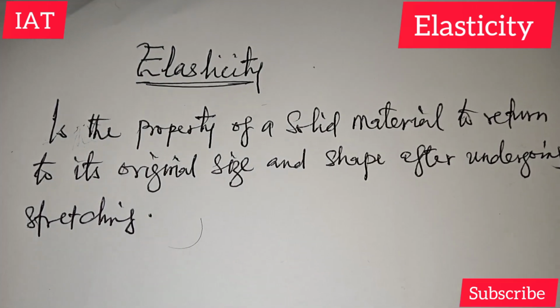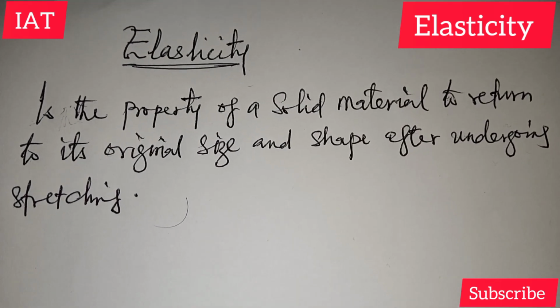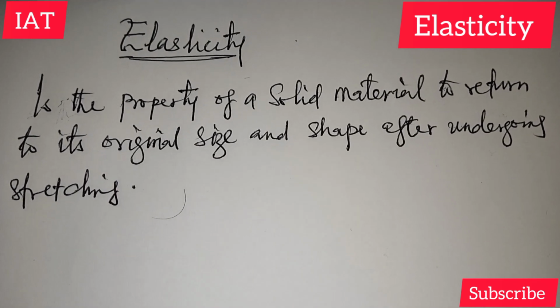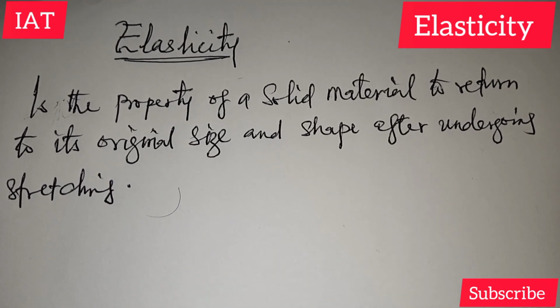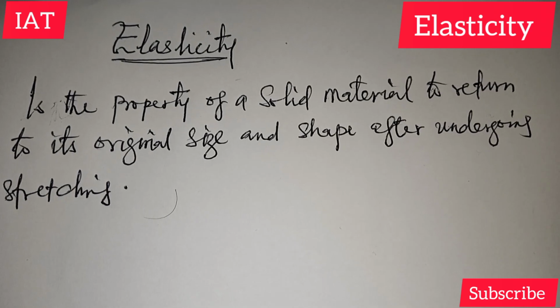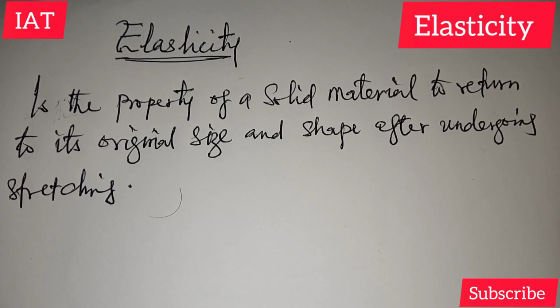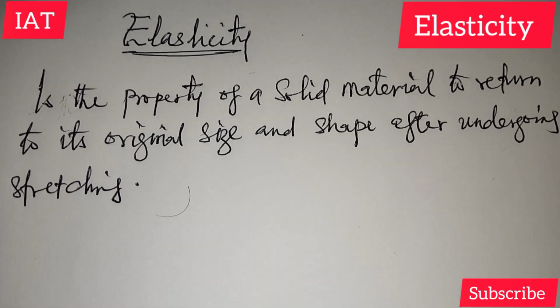So this is the definition of elasticity: the property of a solid material to return to its size and shape after undergoing stretching, or when it has been returned to its original size and shape.